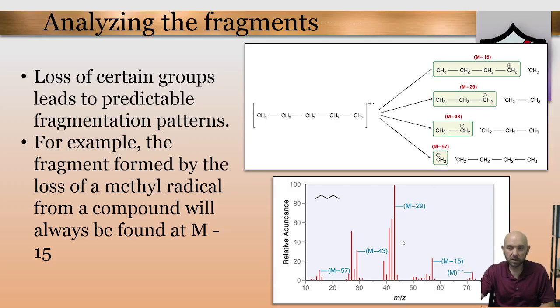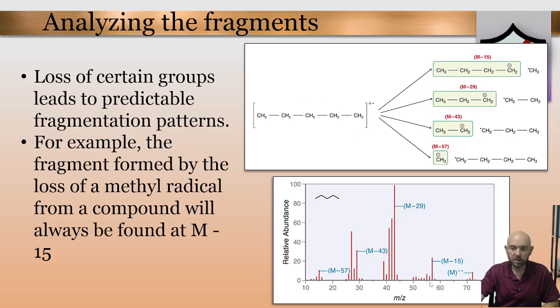We know that the peak that appears at M minus 29 appears because an ethyl radical has been knocked off of our parent molecule. So in the example we have here, if the parent molecule has 5 carbons, or is a regular pentane, then the molecular ion mass is 72.